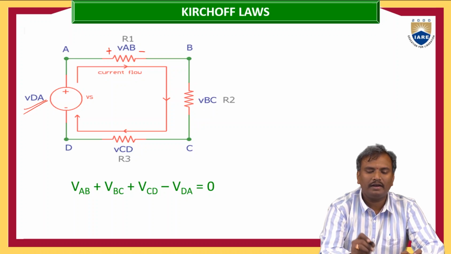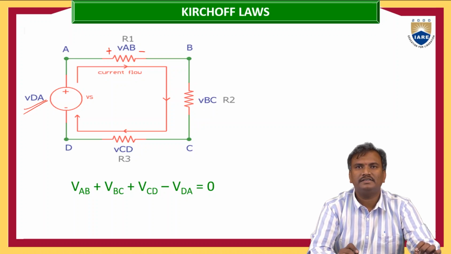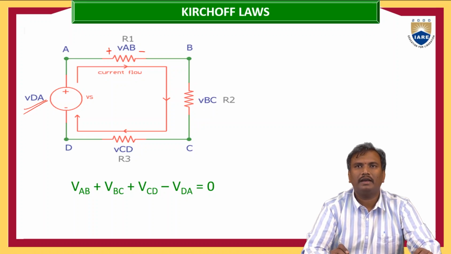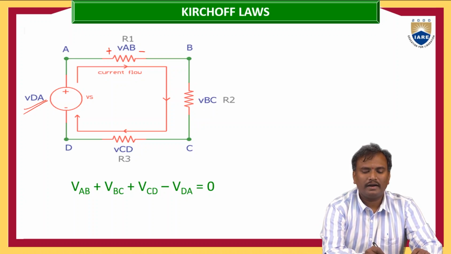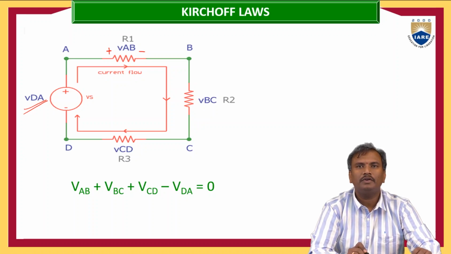For any resistor, the voltage drop can be taken as the current entering terminal is positive, current leaving terminal can be taken as negative. Here the current always flows from positive to negative, that is from higher potential to lower potential.